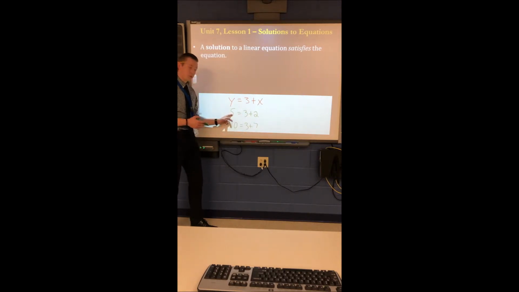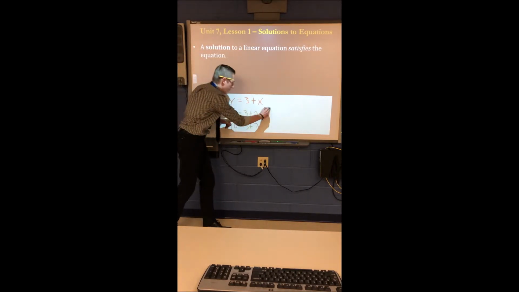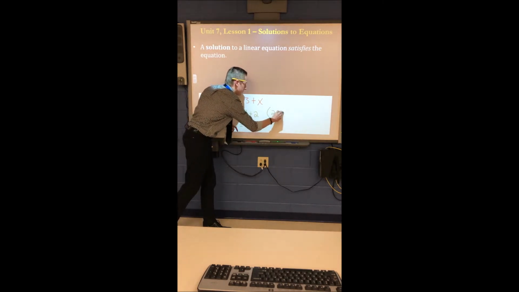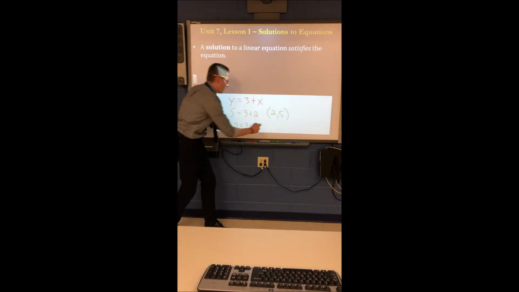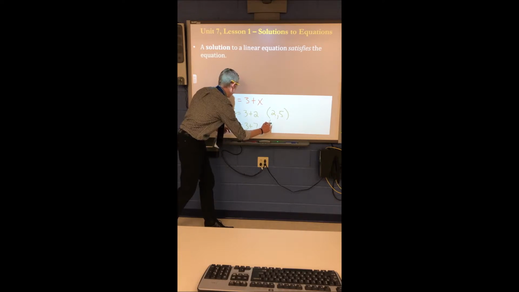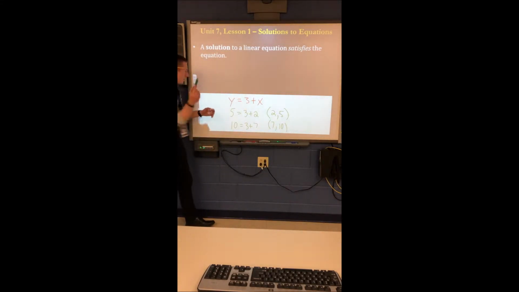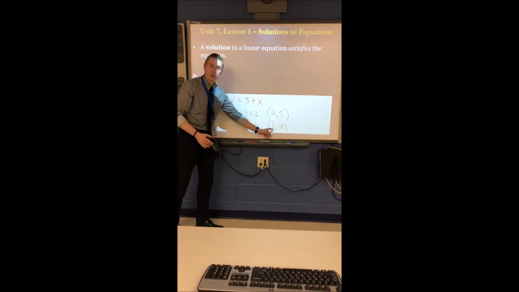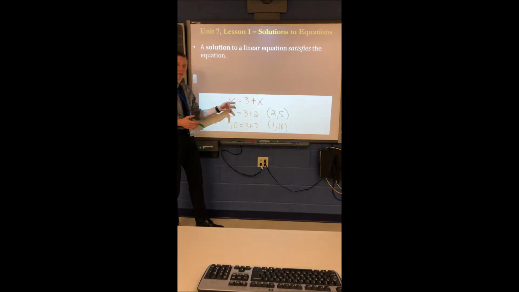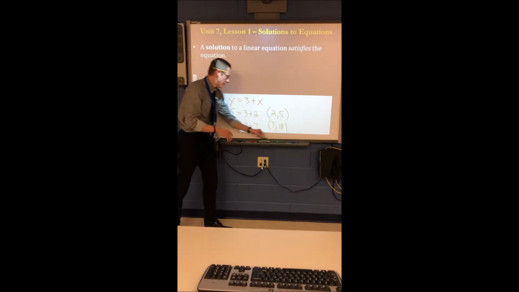Notice how 3 plus 2 equals 5, 10 equals 3 plus 7. It works out. This xy pair and this xy pair satisfy this linear equation. These are points on the line. Points on the line satisfy this equation. That's what we're talking about.